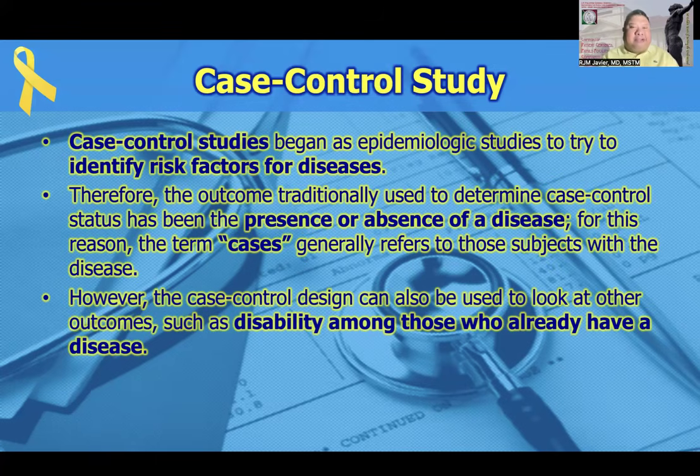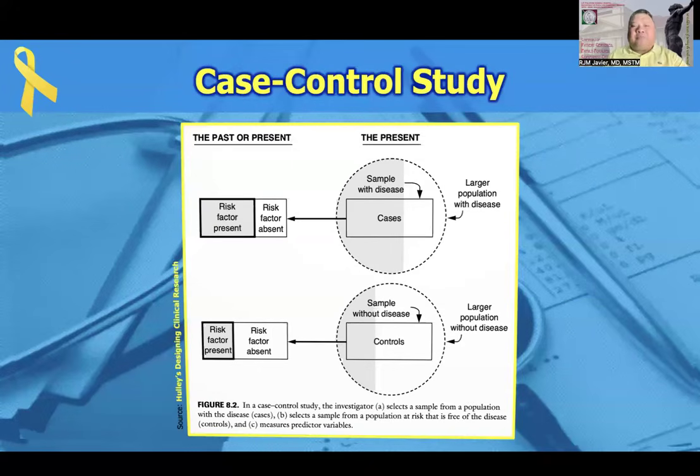So the population could be all amputees, but when we say case control, we can refer to those with good quality of life versus poor quality of life. So it's not always disease per se. Classically, it is disease oriented, but we can also look into the disabilities if ever we choose to do so.